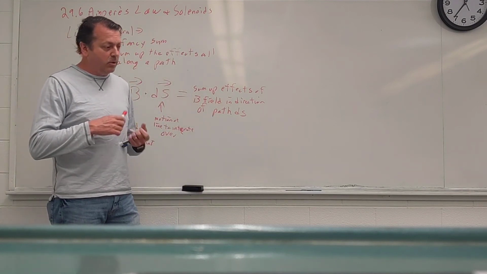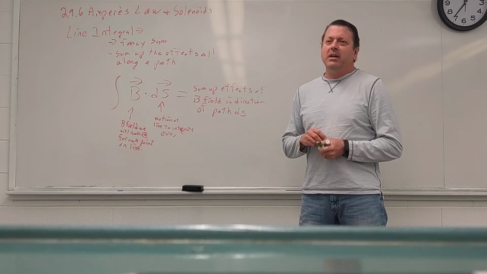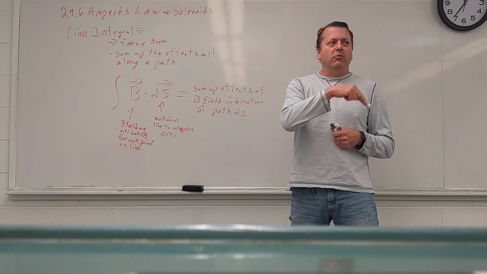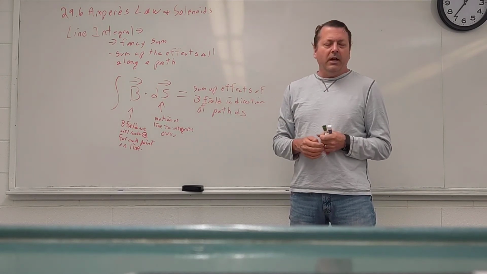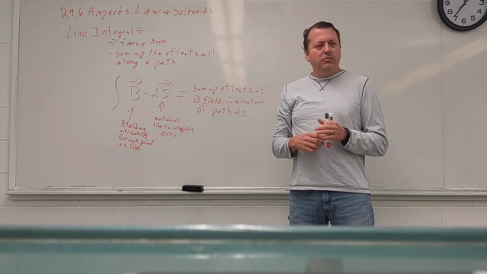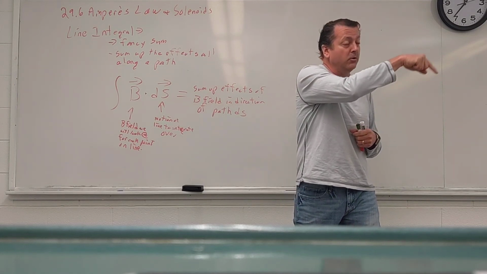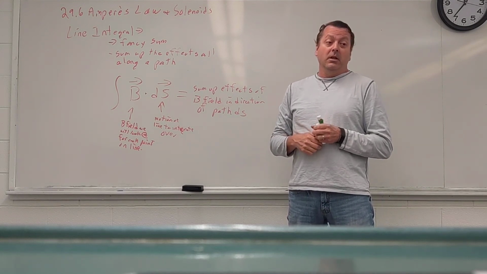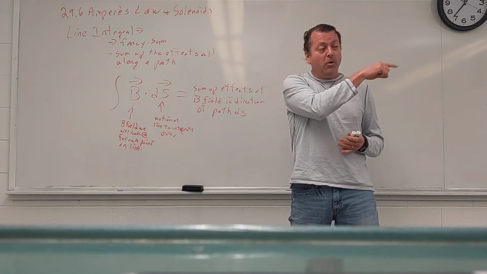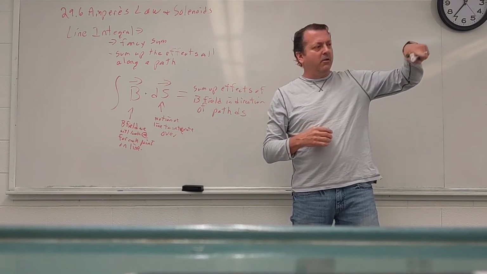Now you can think of it a non-physics way: if I went up and down the rows and said, give me all your change now, each person would give me their change. That would be my path. Some people give me more money than others, but I would sum up all the change I collected over everyone as I went.